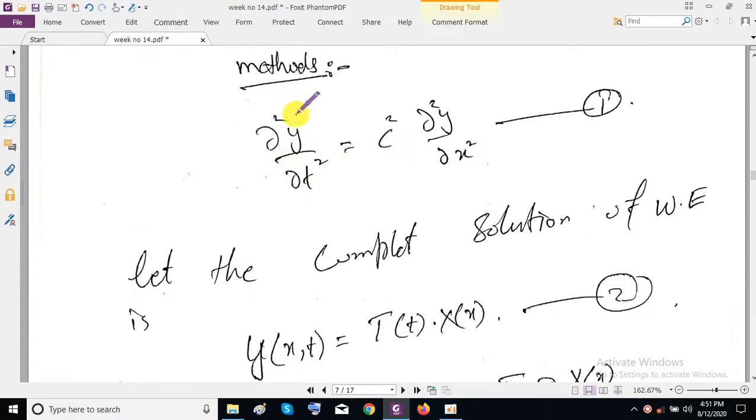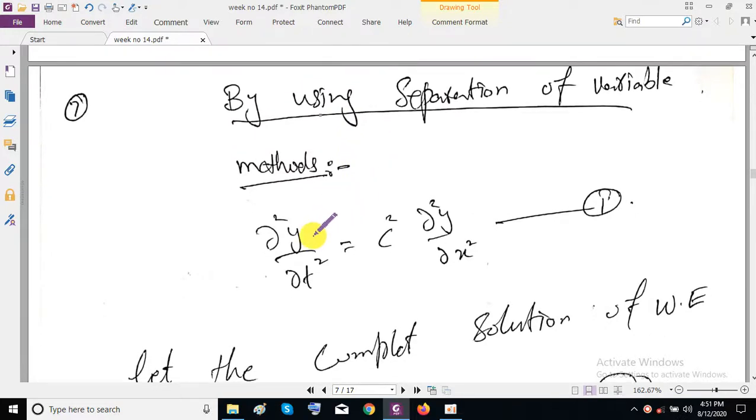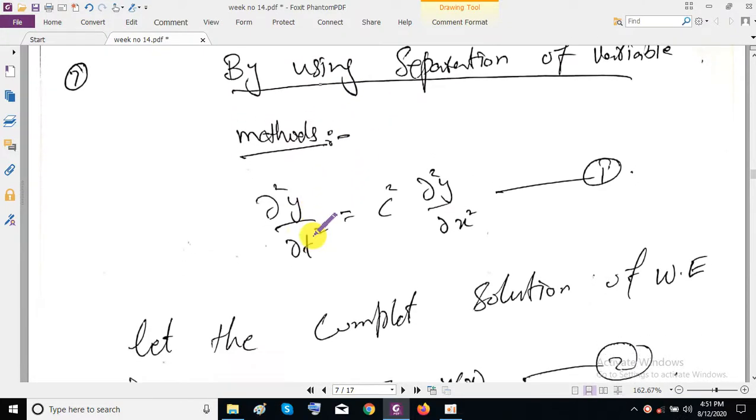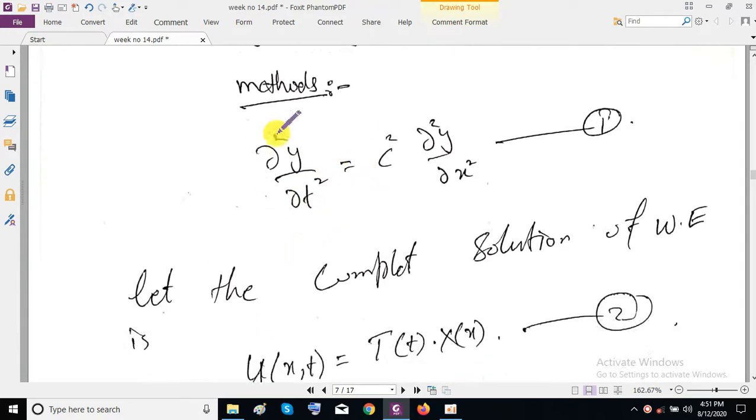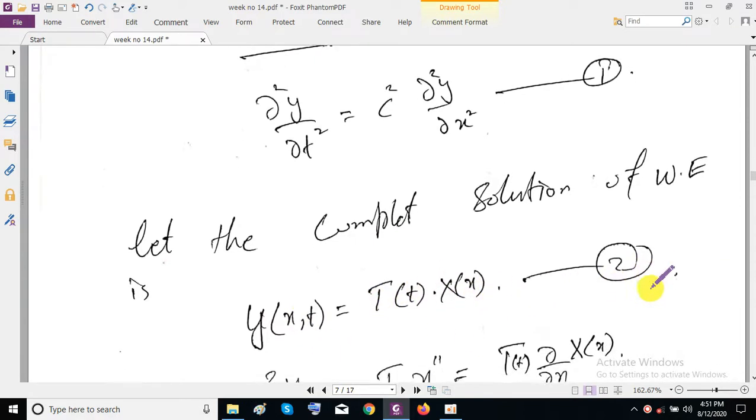So if we find the value of y, which is basically the wave, which basically denotes the point of a string at x with respect to time, it will depend on time and x. So we denote y(x,t) equal to T(t) times X(x), and we call it equation number 2.